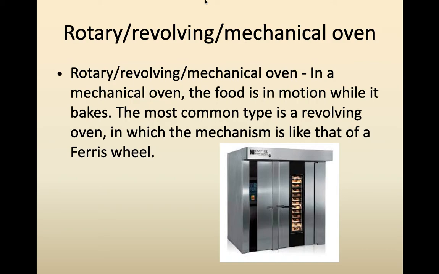So you get an even crust and temperature for all the products put into the oven. This oven gives a very even bake to the product. So this oven is mostly appreciated by chefs, as the oven temperature need not be controlled and regulated, and even the products need not be moved from one place to the other.